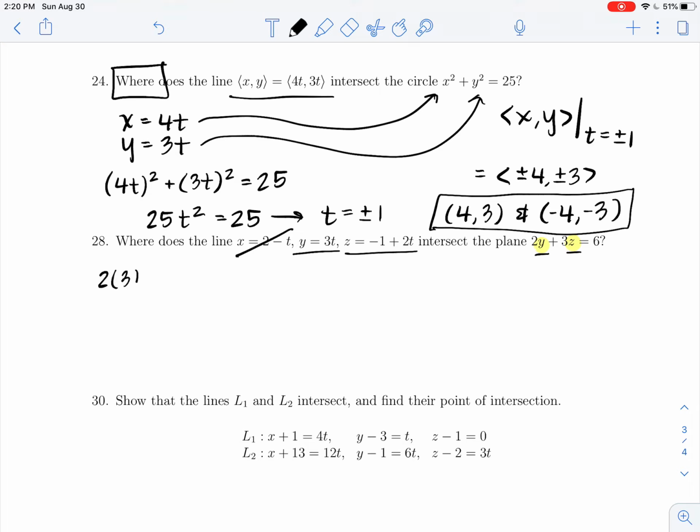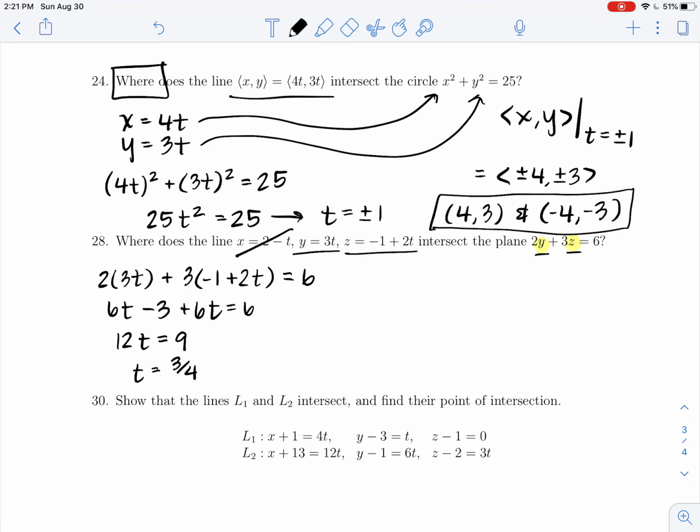So I have 2 times 3t plus 3 times negative 1 plus 2t, and that equals 6. This reduces down to a linear equation. So I have 6t minus 3 plus 6t equals 6. 12t equals 9, so t equals 3/4.